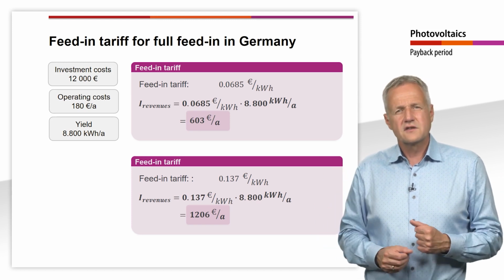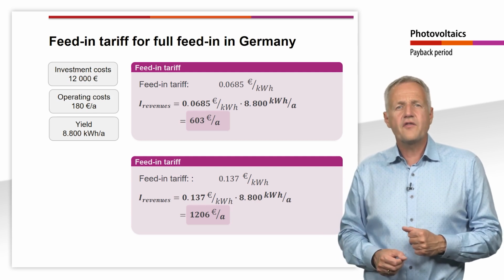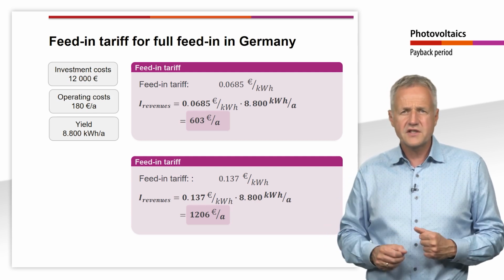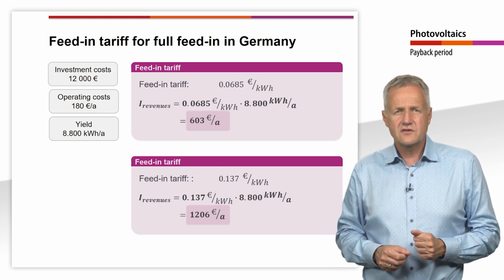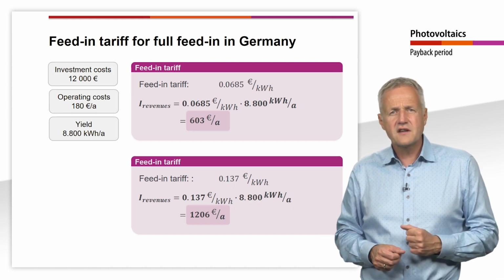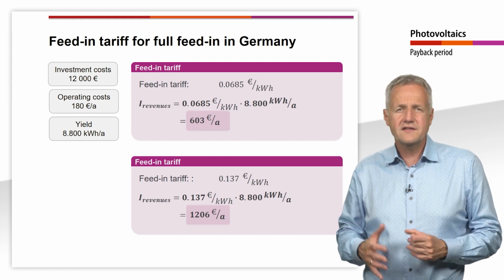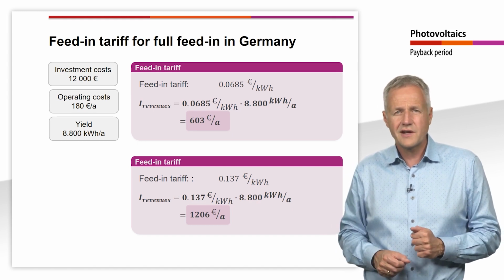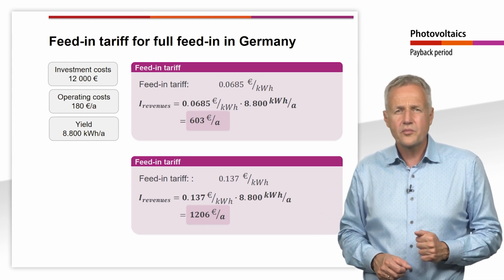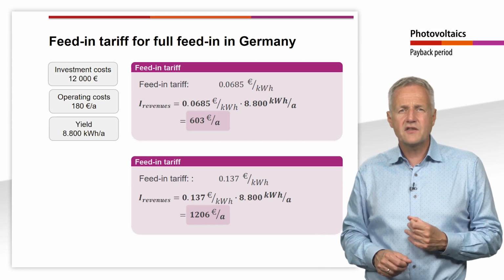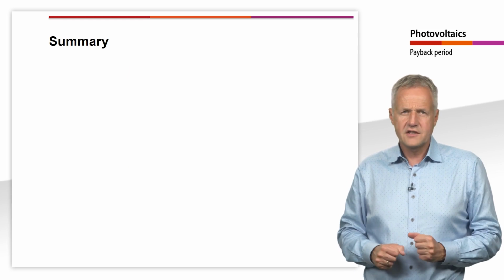In order to stimulate the expansion of photovoltaics in Germany, the feed-in tariff was therefore doubled in 2022 for systems that only feed electricity into the grid. For the plant considered here, this means a feed-in tariff of 13.7 instead of 6.85 euro cent per kilowatt hour. This increases the income to 1,206 euro per year, which is almost as much as for a plant with 30% self-consumption.